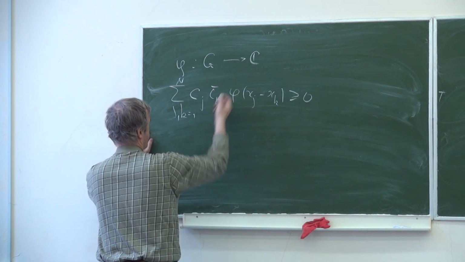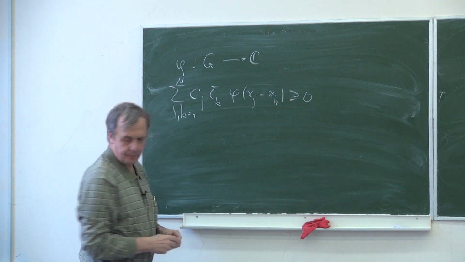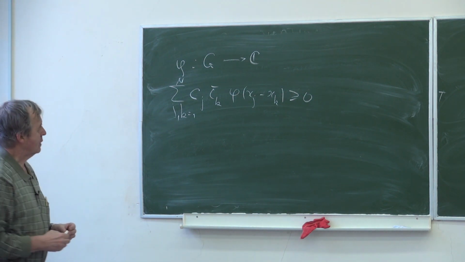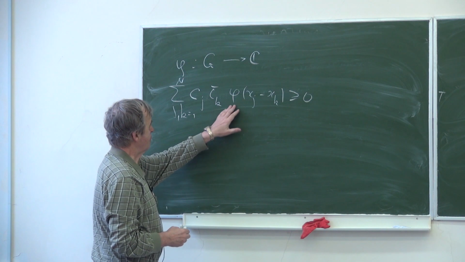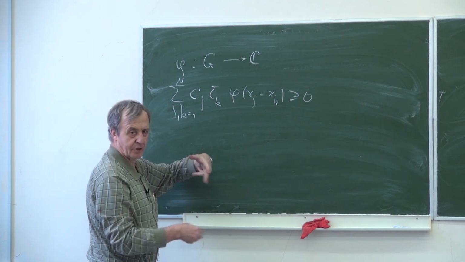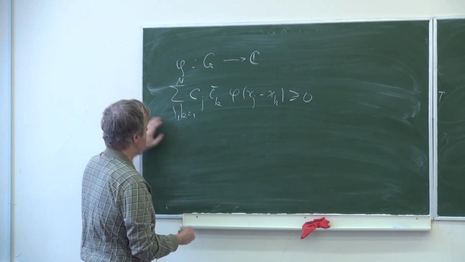So a function is positive definite if we have the following system of inequalities, and we must prove that if such a function is continuous, then it is representable by the inverse Fourier transform of some measure.